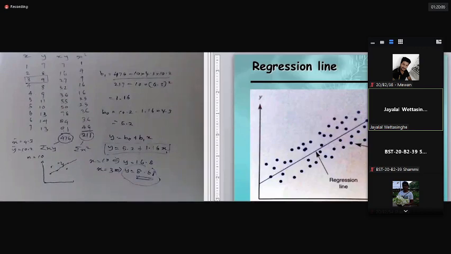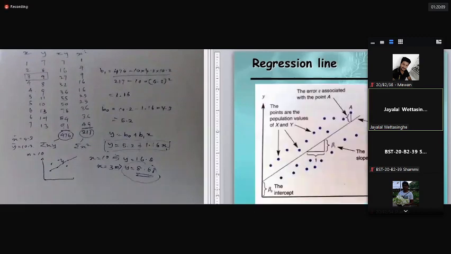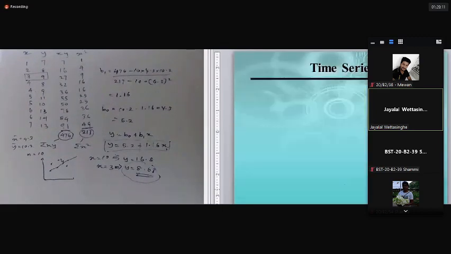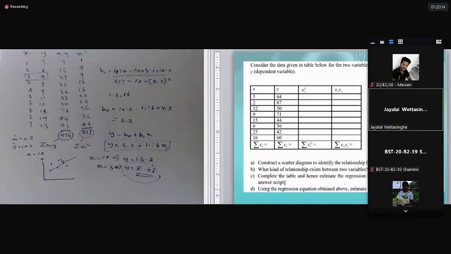Okay, so we see one more example. Now draw this table and just do this part A. Construct a scatter diagram to identify the relationship between X and Y. Just construct the scatter diagram and tell me what is the relationship between these two variables.